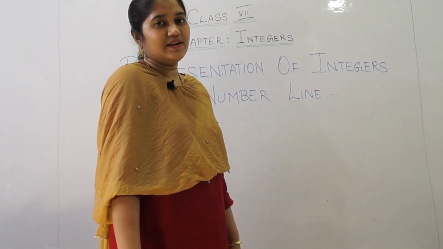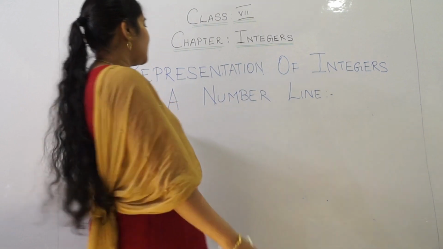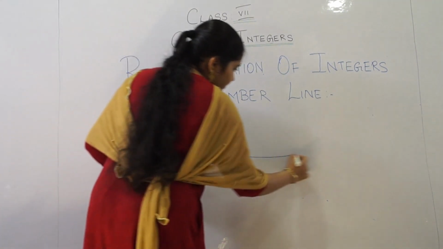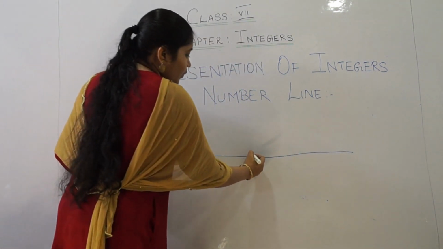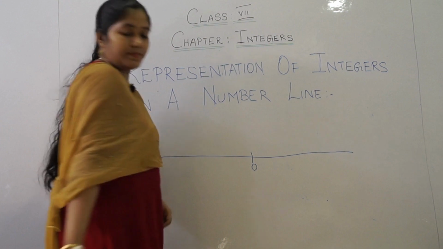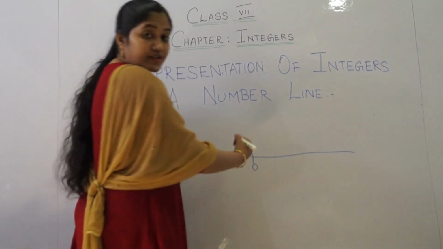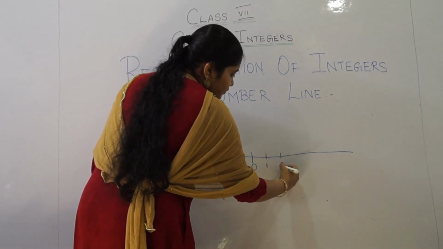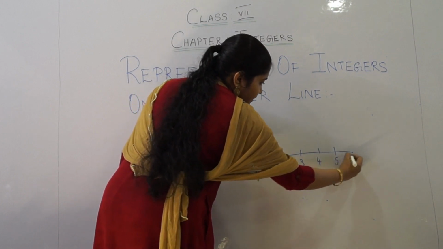Yes? So the next topic is representation of integers on a number line. So we draw a line and to the center of the line we mark a 0. Now the numbers that lie to the right of 0 are positive: 1, 2, 3, 4, 5 and so on.